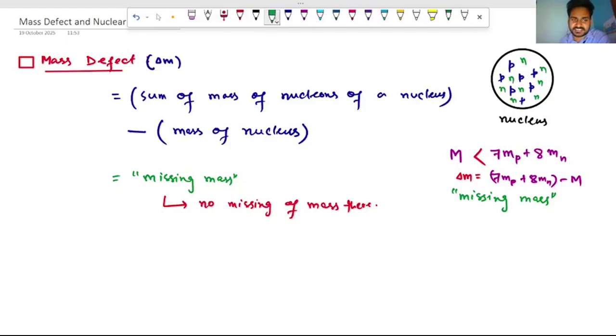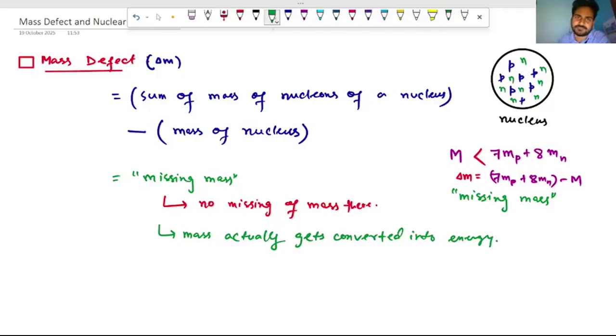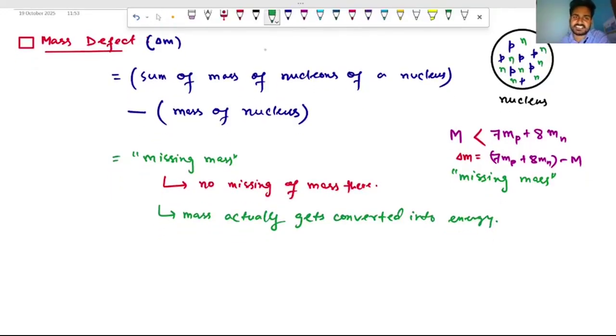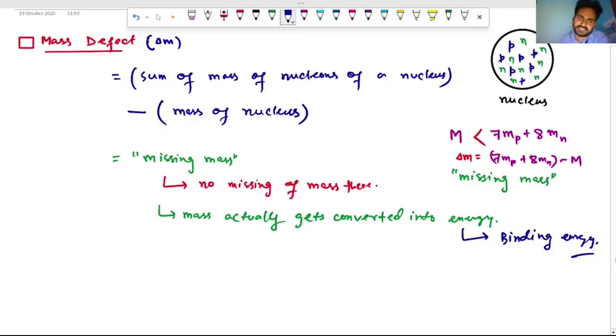Mass actually gets converted into energy, and that energy is known as binding energy. Binding energy of a nucleus.